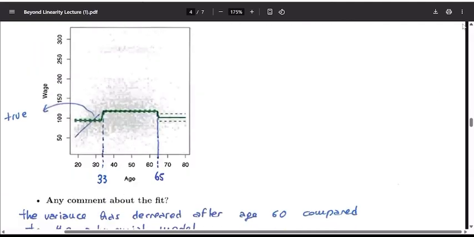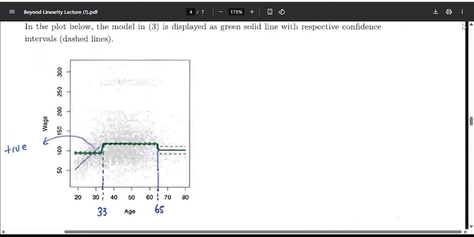Please, I need you to pay attention. We apply a step function to capture the relationship between wage and age. Initially, when we applied a polynomial, there was an issue after age 60. After age 60, there's a large variance that could lead to overfitting.